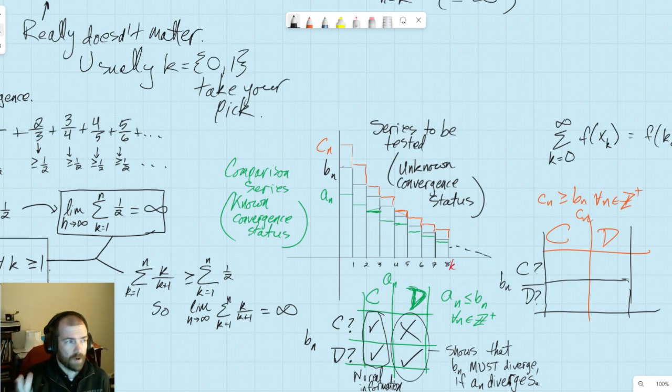Maybe not minus 1, but like half those numbers, right? If all the numbers are half that one up there, chances are it's still going to diverge if the other one diverges. So sure, right? If C sub n diverges, then B sub n is also going to diverge.